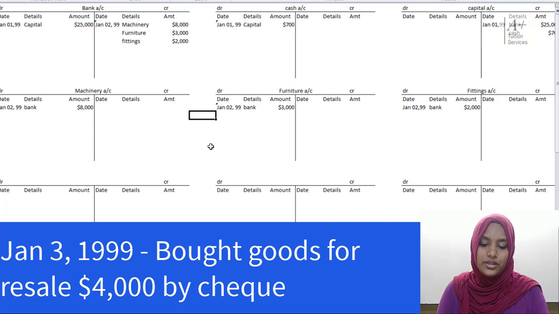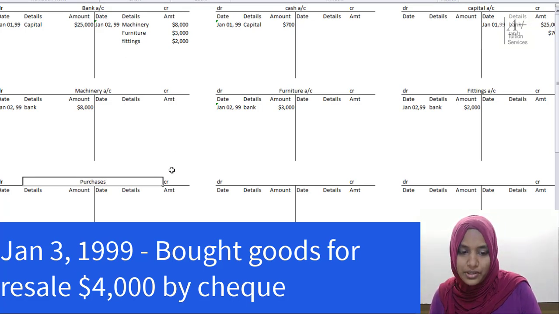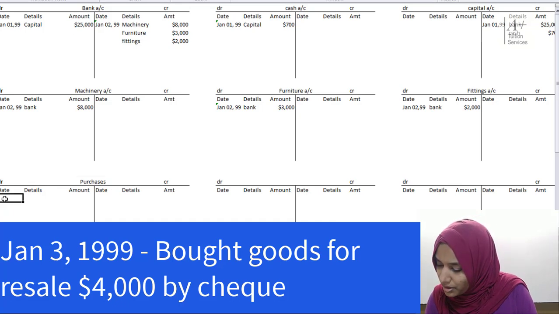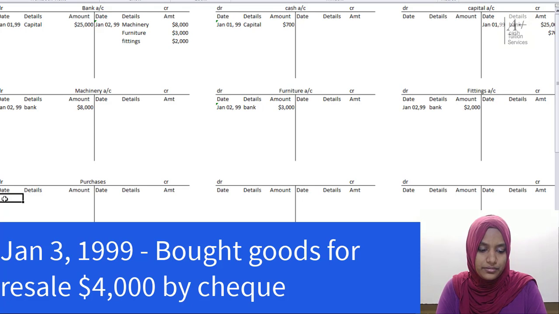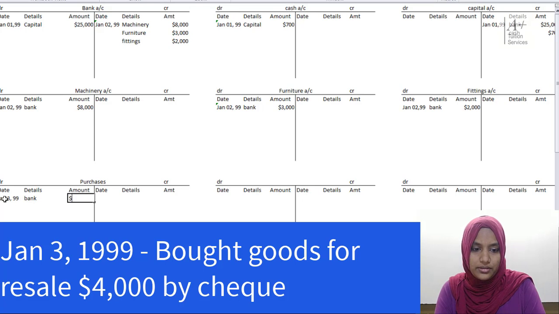So once we say bought goods, we'll open a purchases account, and they say by check, so the corresponding account will be bank, right? So we could say on the debit side, because purchases are always debited, we have January the 3rd, 99, and the corresponding account is bank, and we bought $4,000 in goods for resale.